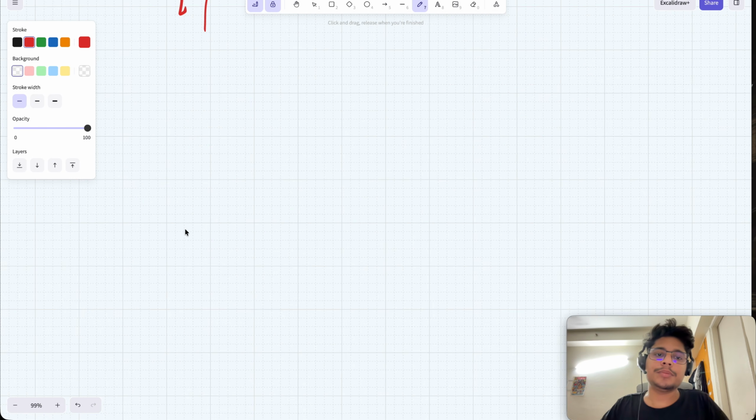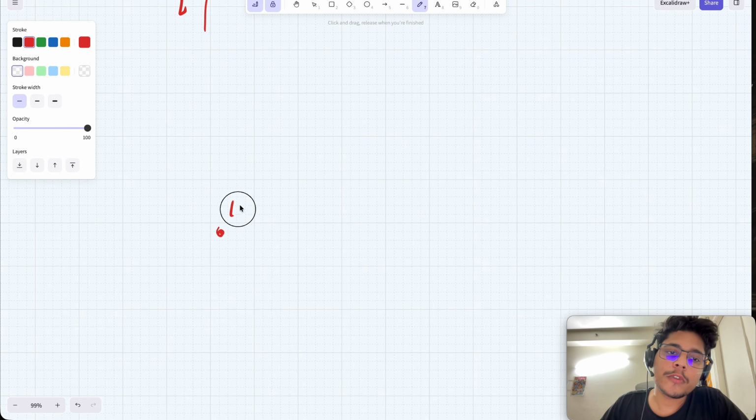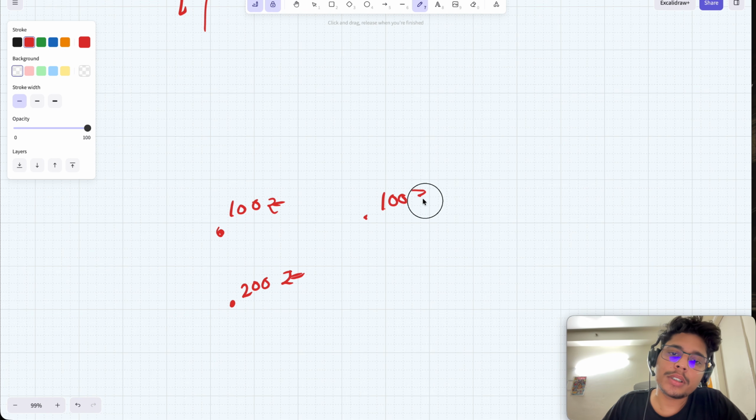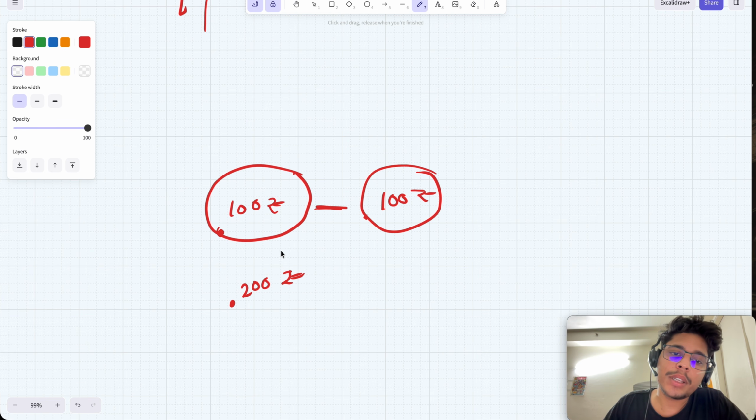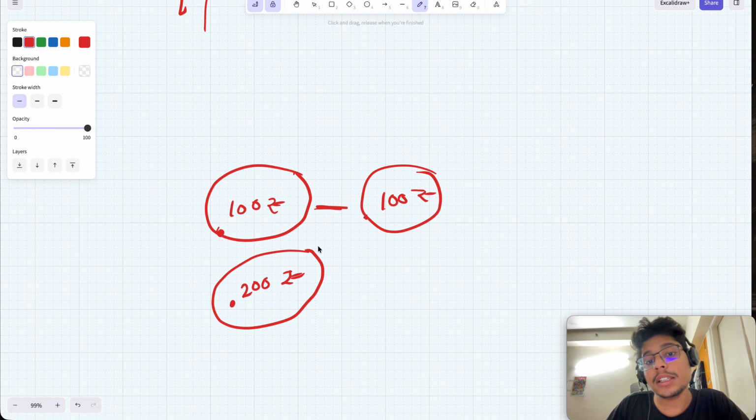Suppose we have 100 rupees, we have 200 rupees, we have 100 rupees. So if you see, we have two nodes which have 100 rupees, and only one node which is saying 200 rupees. Then this node should agree: okay, I am wrong, I am corrupted, I have stale data, I must make sure that I have only 100 rupees.